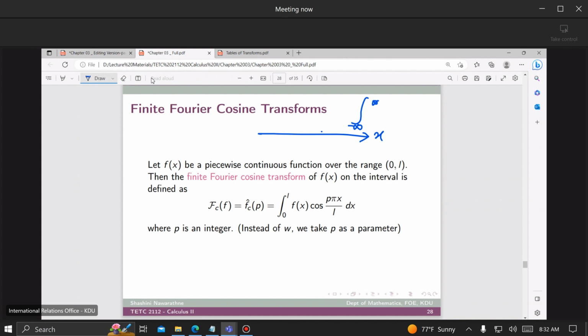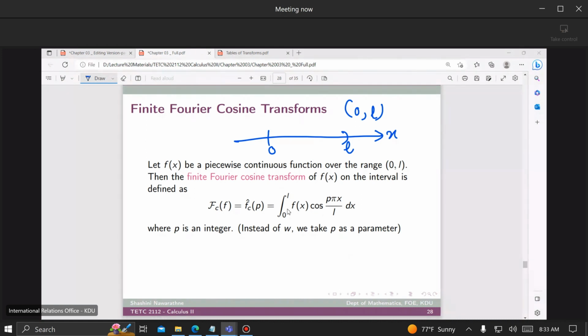But when we are considering a finite interval, we have our x-axis starting from 0 to some length L. So how do we find the Fourier cosine and sine transform over a finite interval? That is what we are going to discuss next.